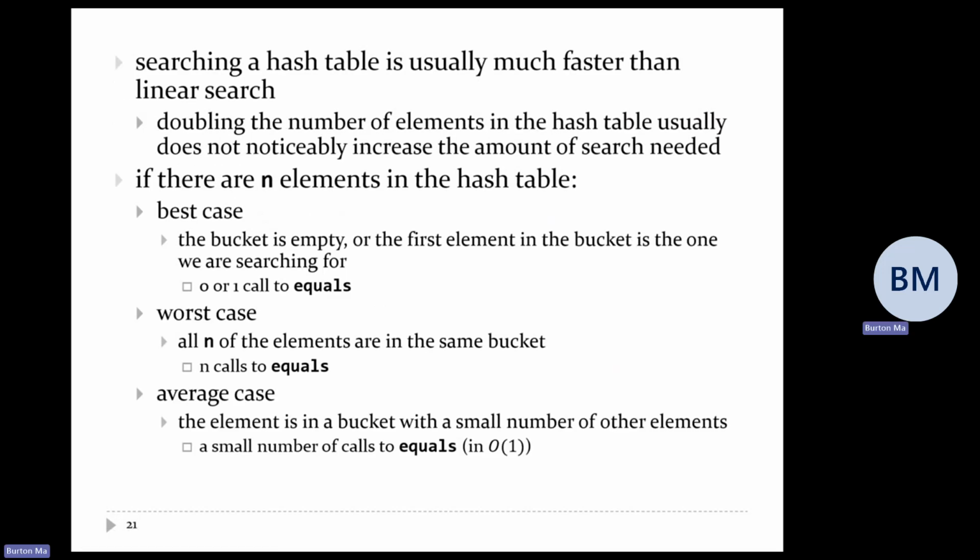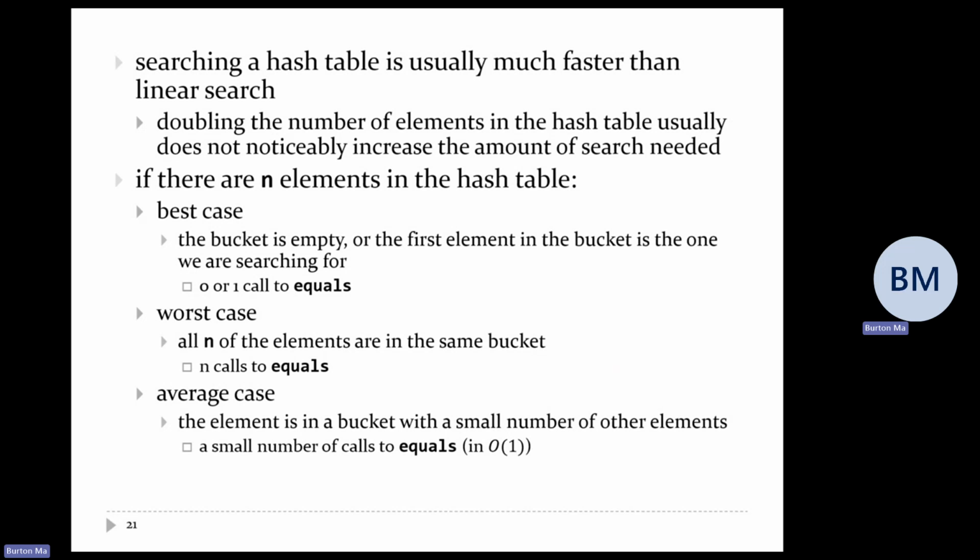Okay, so assuming you implement your hash table well, searching a hash table turns out to be much faster than linear search. On average, you end up searching for an element in a bucket that holds a small, fixed number of elements.